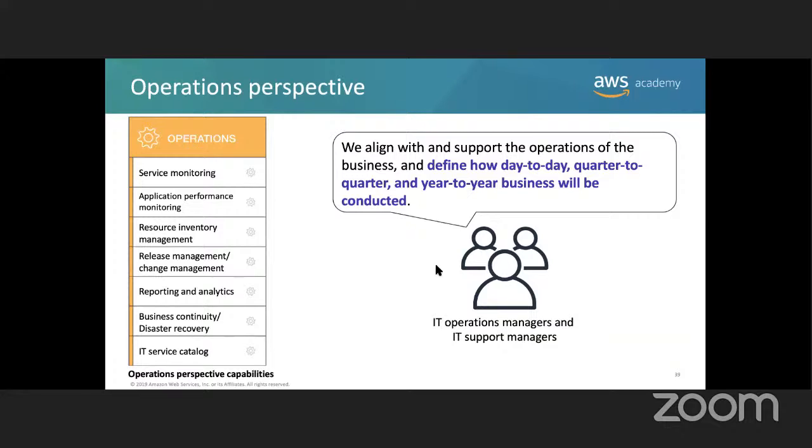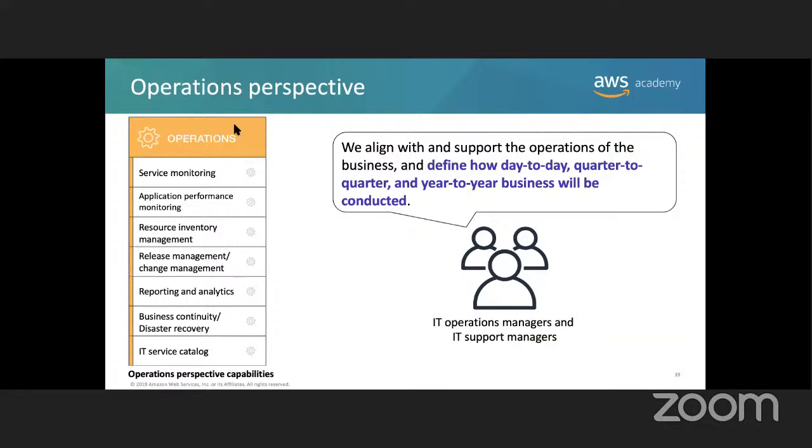The stakeholders, in this case the IT operations managers and the IT support managers, define how day-to-day, quarter-to-quarter, and year-to-year business is conducted. The stakeholders from the operations perspective align with and support the operations of the business.